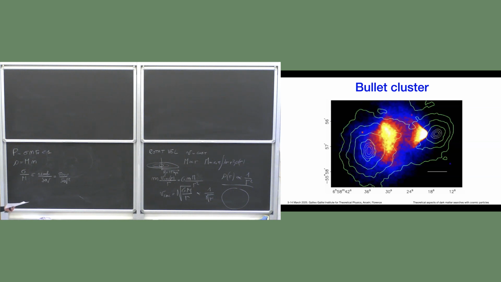So we know that dark matter should be weakly interacting among themselves and also with ordinary matter, okay? There is also another way to estimate this number using the drag force, and if you are interested, you can see the calculations in the notes.